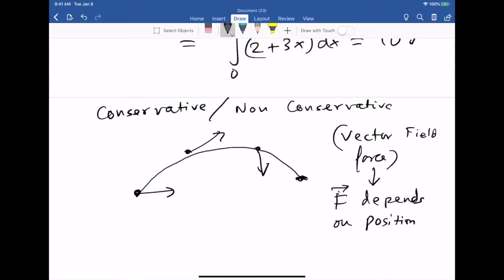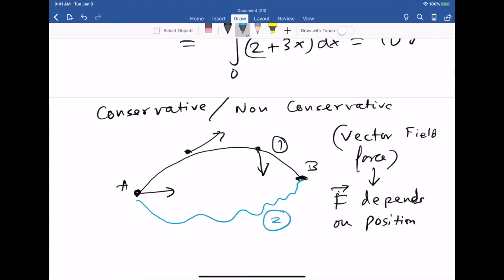Okay, now suppose the particle follows a different path to go from the same starting point to the same ending point. So I'm just going to draw the different path with a different color. Let's say the particle followed this path. So this was path number 1, and this was path number 2.